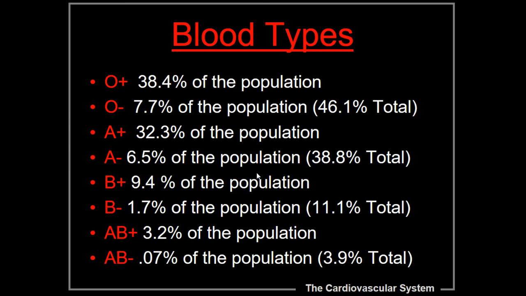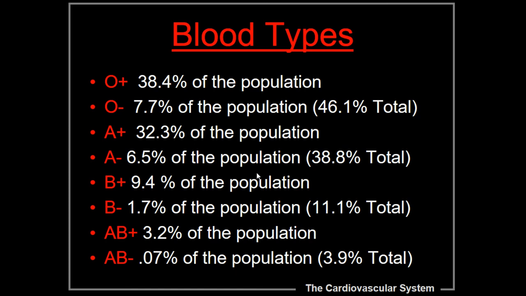Type A, if you add in both positive and negative, you're looking at 38.8%. Type B, not as common, coming in at just under 10% of the population are going to be B positive. Only 1.7% of the population are B negative.